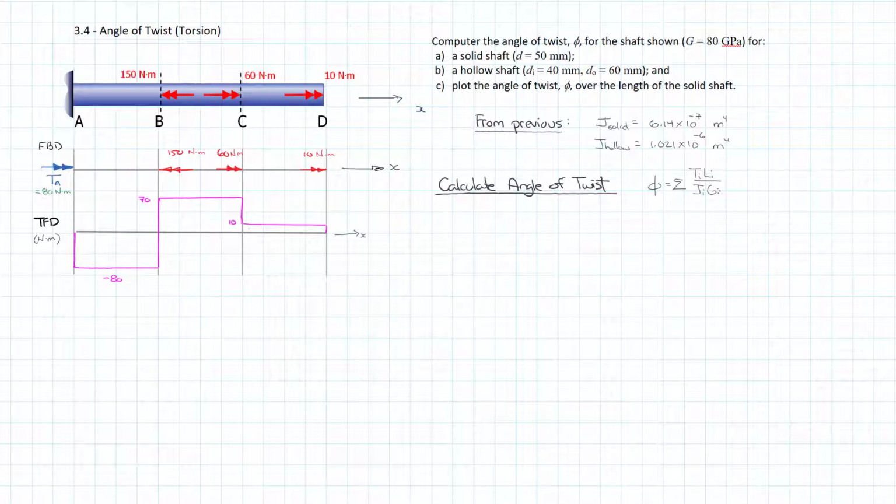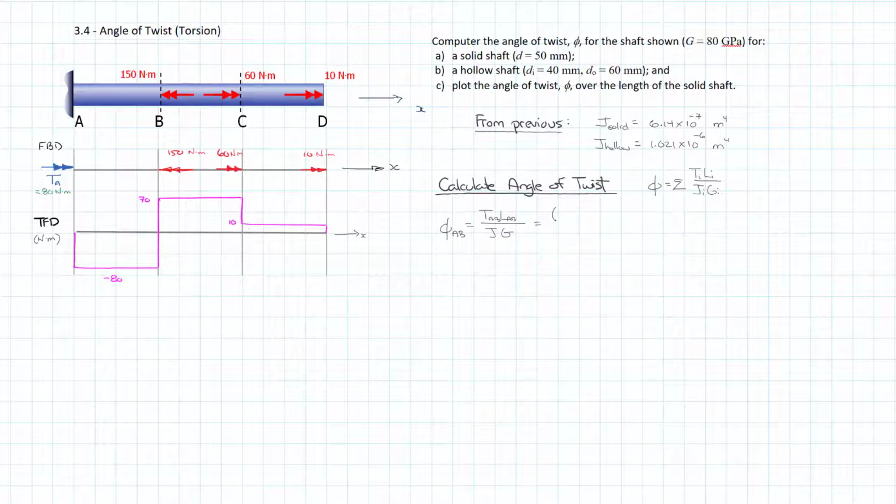So we're going to break this down. We're going to look at AB, BC, CD, and we're just going to calculate them. So we have our angle of twist between A and B is equal to our torque between A and B, our length of AB, and in this case, J and G are constant over the length, so I'm going to leave the subscripts off and go ahead and substitute these in.